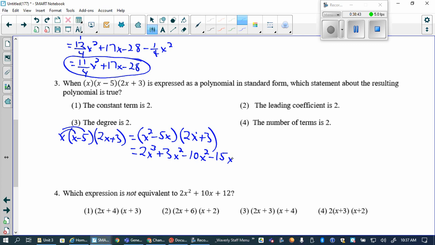Now, Hannah, what are the like terms we can combine in here now? Which terms had the same base with the same exponents? 3 and negative 10. So the x squared terms combine, right? So 2x to the third, 3x squared minus 10x squared gives you how many of them?